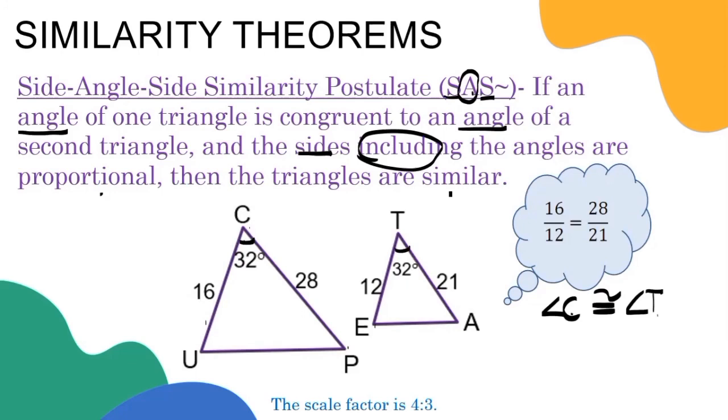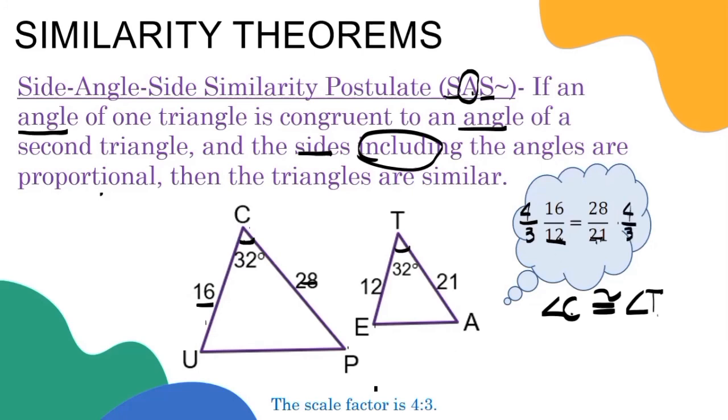Now, we must consider that their corresponding sides are proportional. So 16 is to 12 and 28 is to 21. If you reduce 16 over 12 and divide this by 4, it is 4 is to 3. Same with 28 over 21, divide this by 7, this is 4 is to 3.